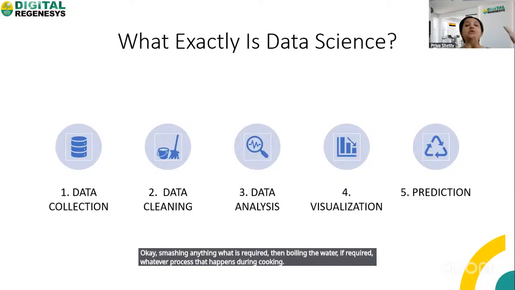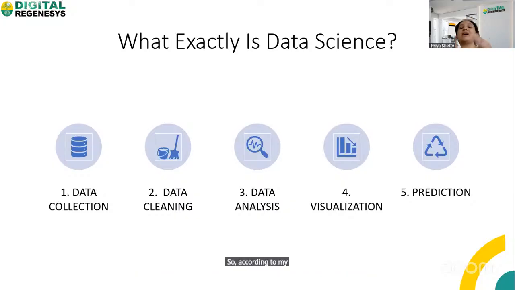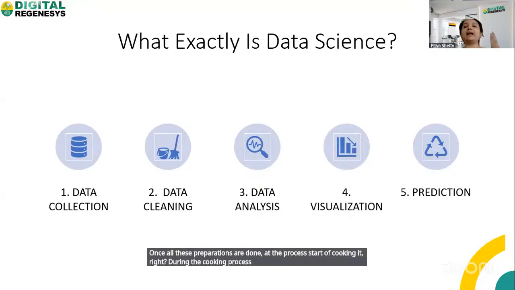Once all these preparations are done, we start the cooking process. You wait and all the things are done, and the final product is in front of you after 30 minutes to 1 hour, right? This is the whole process that we do, right?